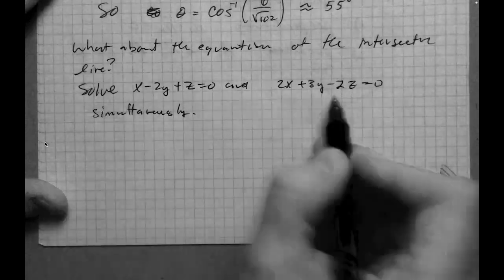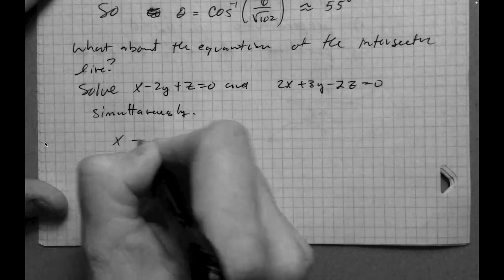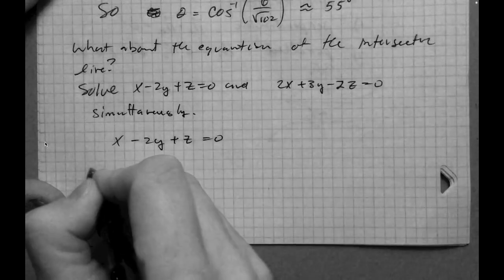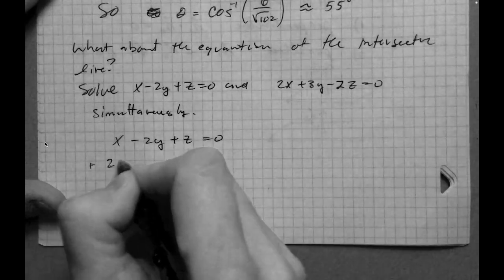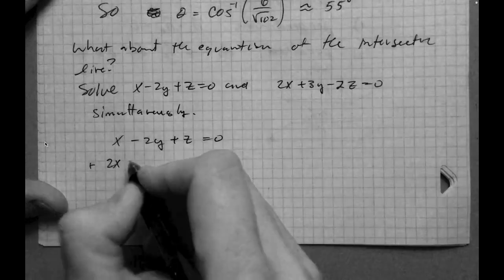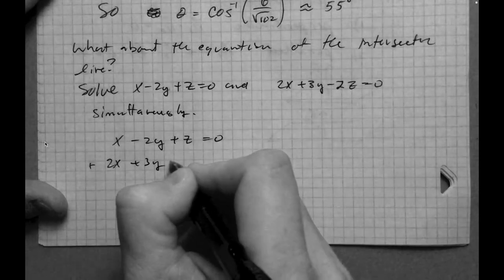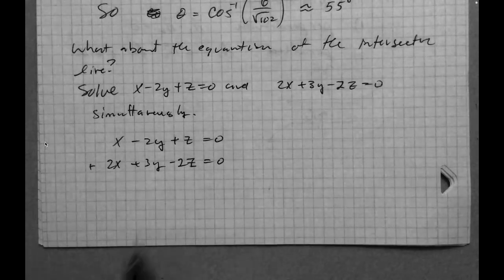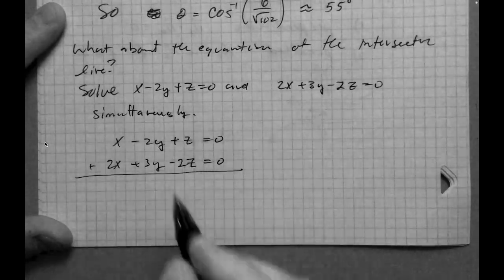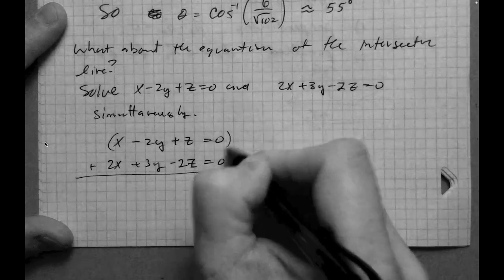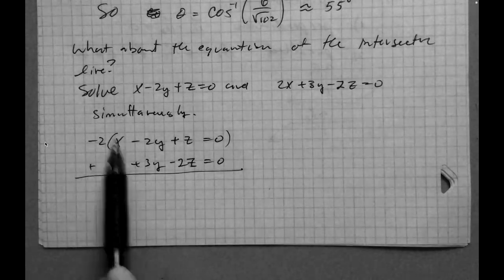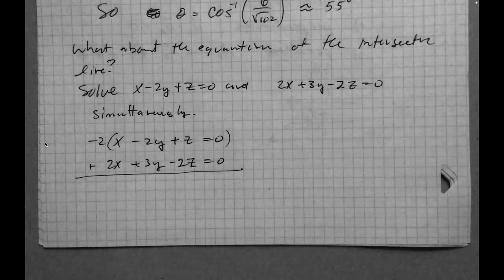So if I take one equation like this, and I subtract the other one or add the other one to it, I get a third equation, right? Now, I'm not going to gain anything in doing that, but I would gain something if I first multiplied this entire thing by negative 2. Because then I can eliminate this x variable, can't I?